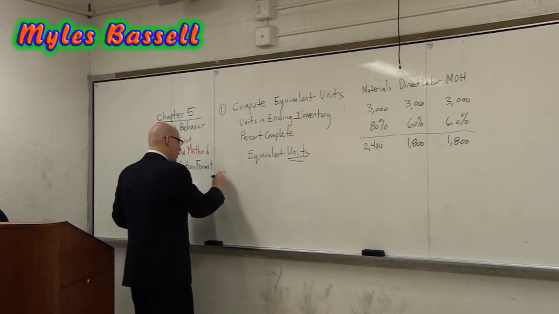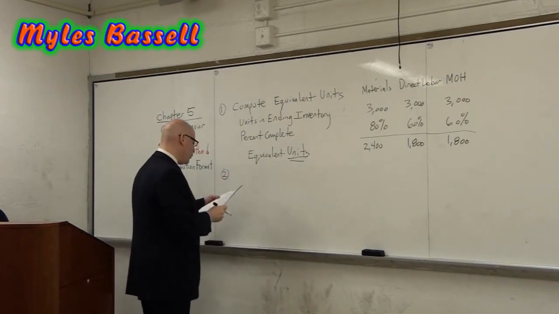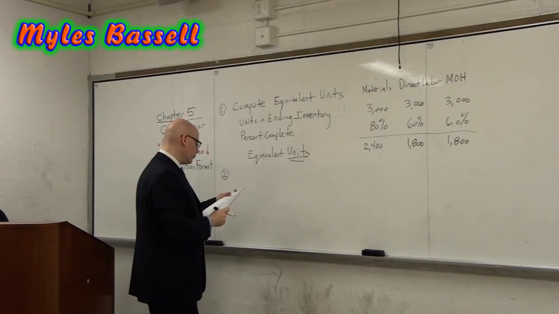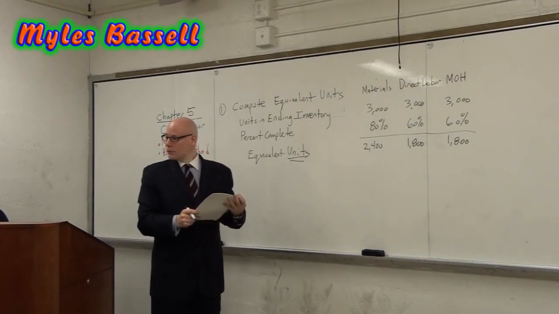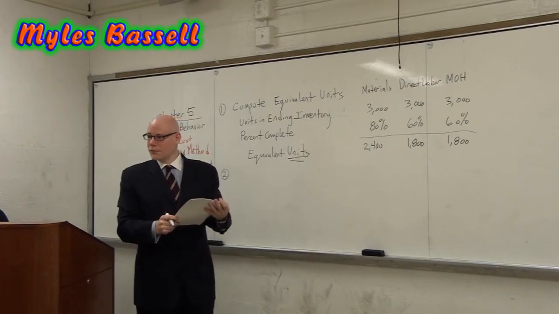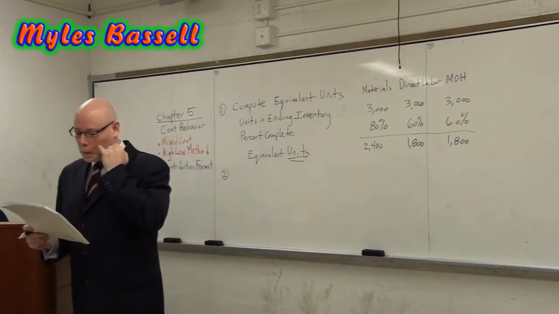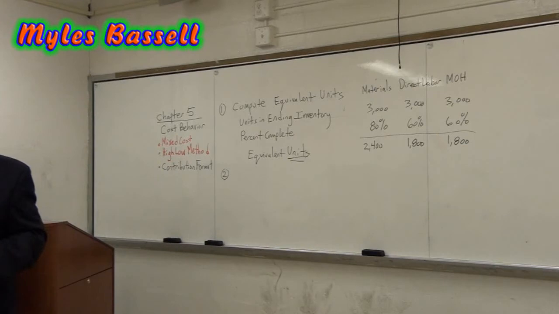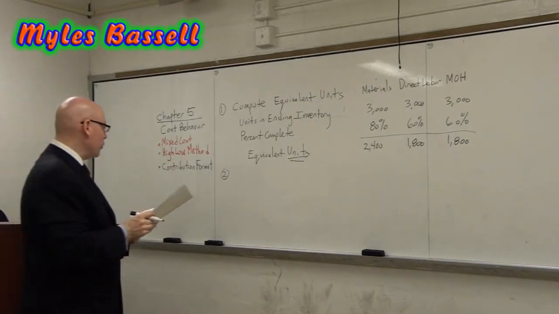Now, what's the second part? Remind us. What's the second part we're going to do now? The cost of ending inventory, the ending work in process. Right.